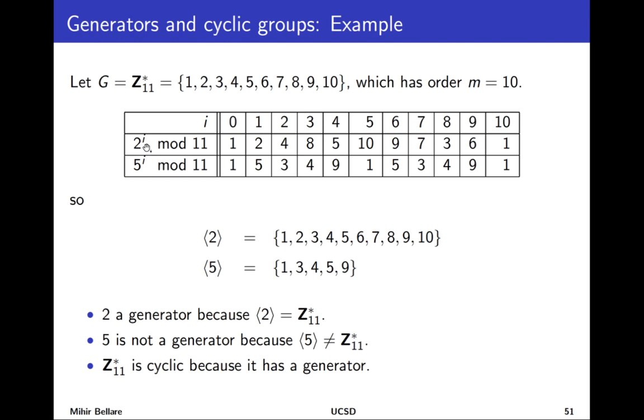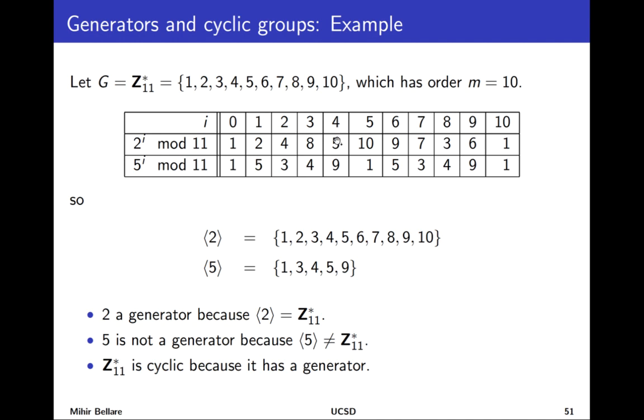Okay, let's go ahead. So 2 to the power 0 is 1, 2 to the power 1 is 2, 2 squared is 4, 2 cubed is 8, 2 to the 4 is 16, but we are modulo 11, so 16 modulo 11 is 5. Now already it may start getting a little tedious to do 2 to the power 5 mod 11. So we notice that there's a simpler way to do this.